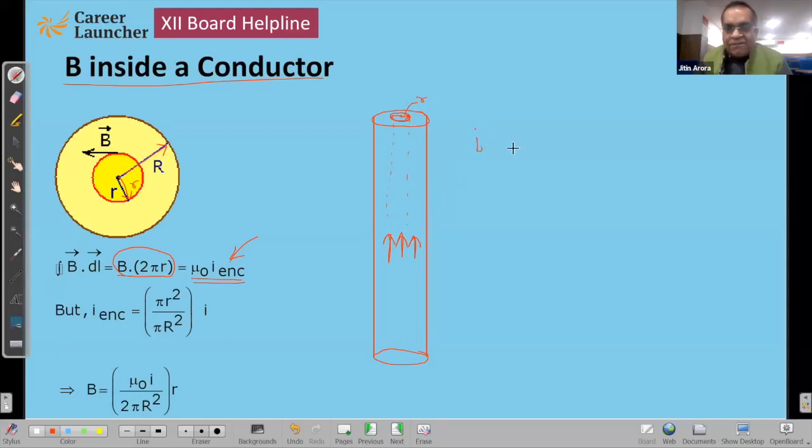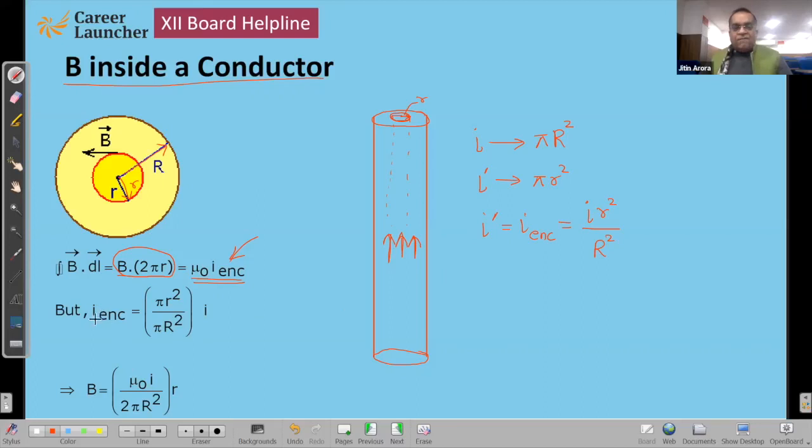Now current I flows through the entire cross section which is equal to pi into capital R square. I want to find a current I dash which flows through pi into small r square. So from here I get I dash, which is the current enclosed, which can also be written as the current enclosed is equal to I small r square upon capital R square.